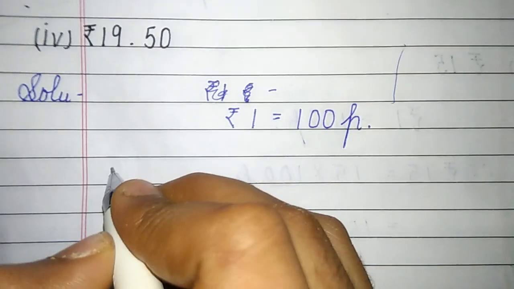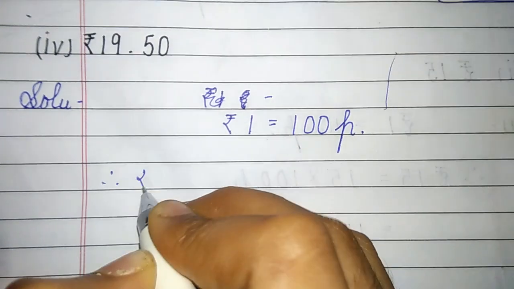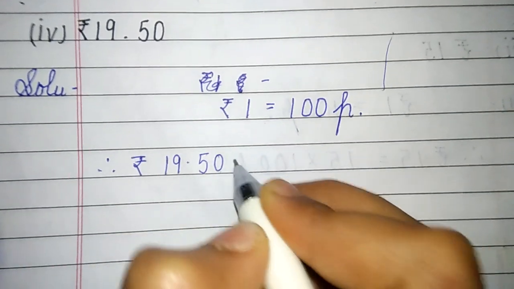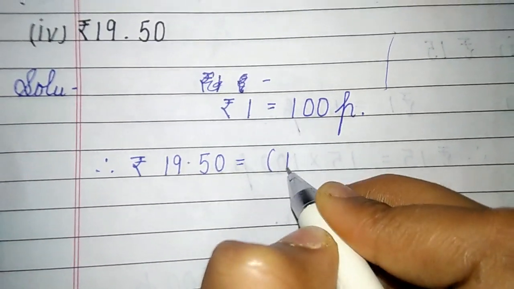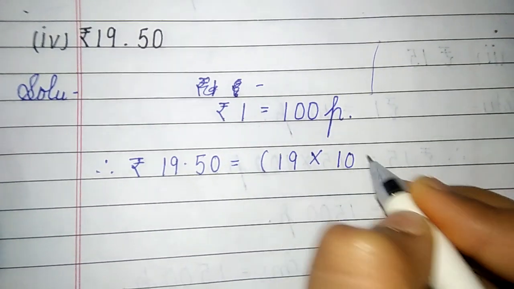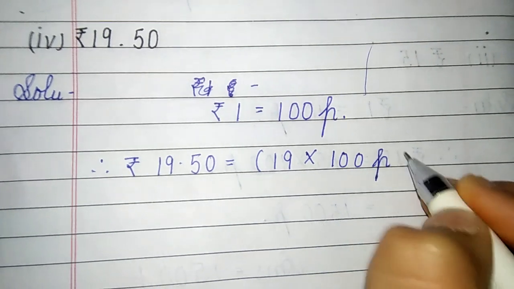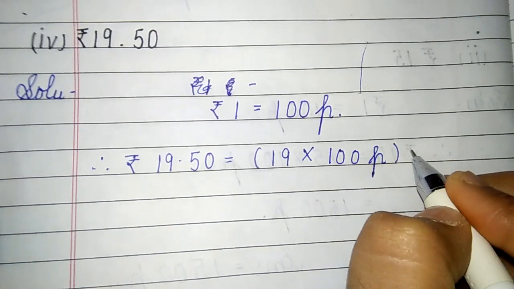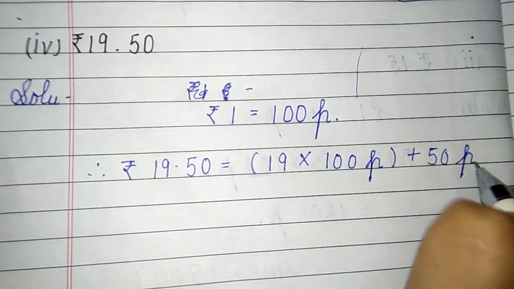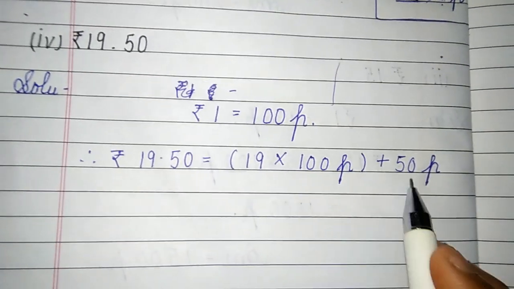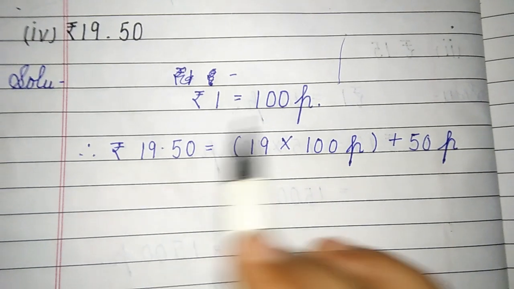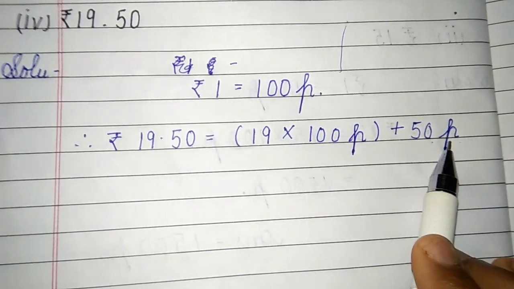Therefore, rupees 19.50 is equal to, in bracket, 19 multiplied by 100 paise, plus 50 paise, written here 50. This is paise, so we have to write it.